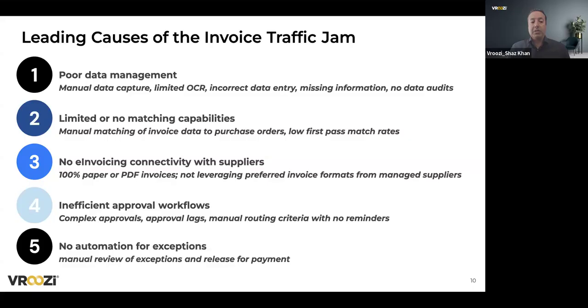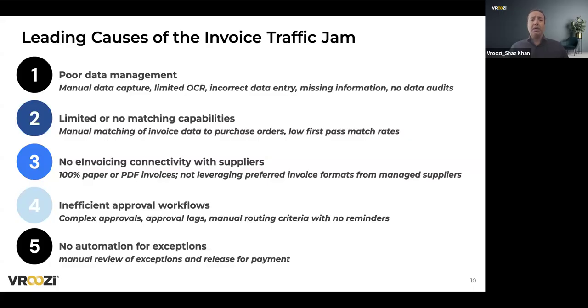Inefficient approval workflows, complex approvals, multi-step approvals. We've seen approval mechanisms for invoices of up to 10 individuals. Approval lags, manual routing criteria with no reminders. When you have 10 people in an approval cycle, regardless of whether it's upstream in the purchasing or requisitioning of goods and services, or whether it's reviewing invoice data coming into my inbox, of course your cycle time is going to increase when multiple people are looking at an invoice for payment.